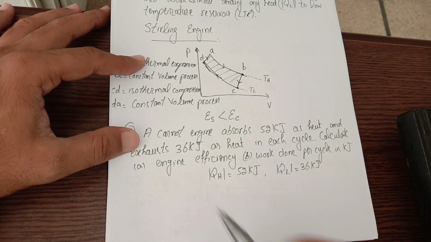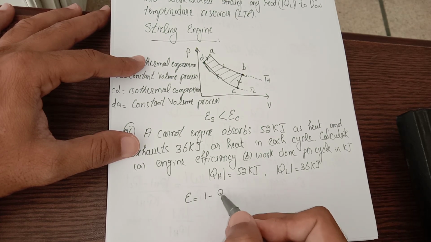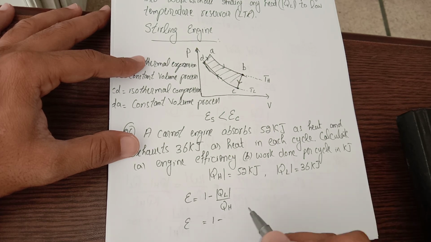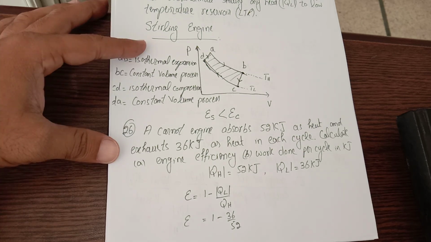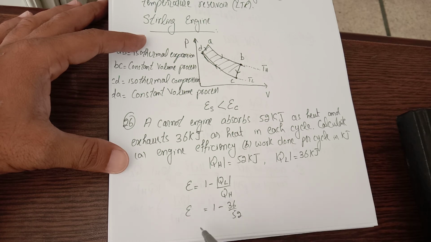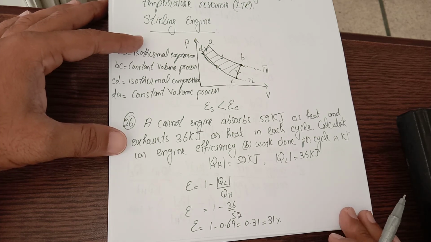Now in the first part I have to calculate the efficiency. Efficiency is 1 minus QL over QH. It would be 1 minus 36 over 52. This efficiency comes out to be, 36 over 52 is nearly 0.69, and 1 minus 0.69 is 0.31, or multiplying it with 100, this engine is nearly 31% efficient.